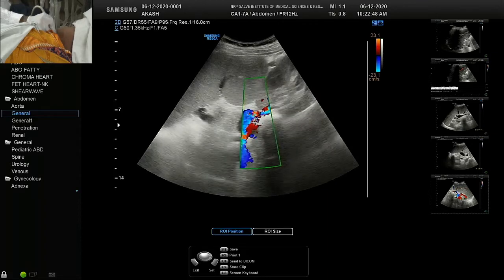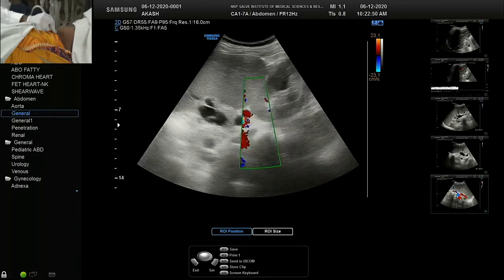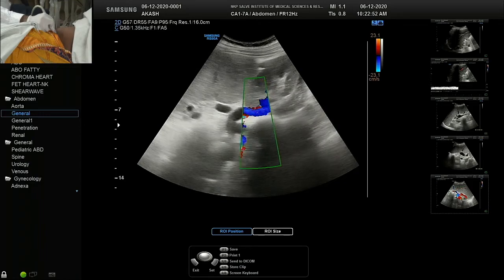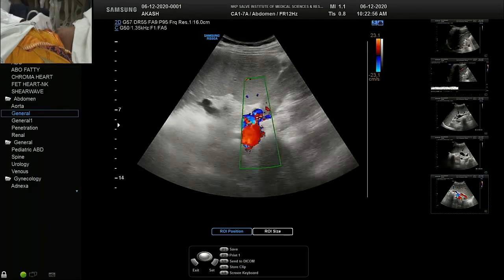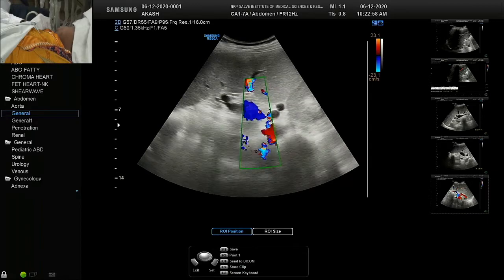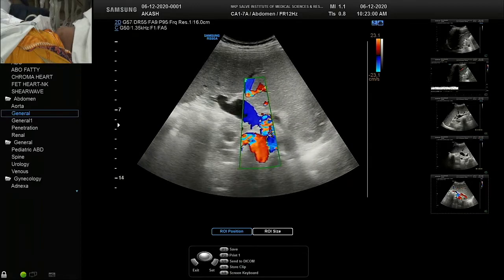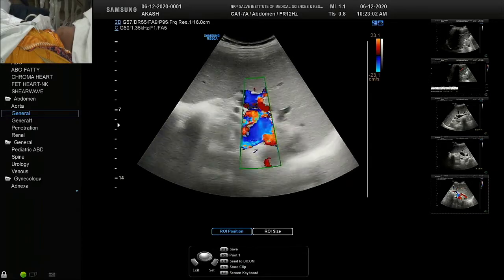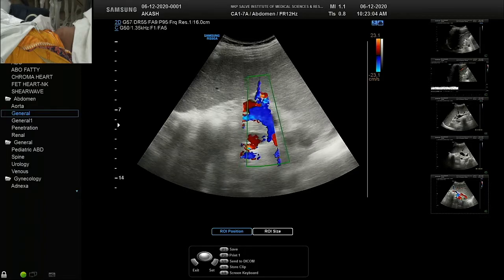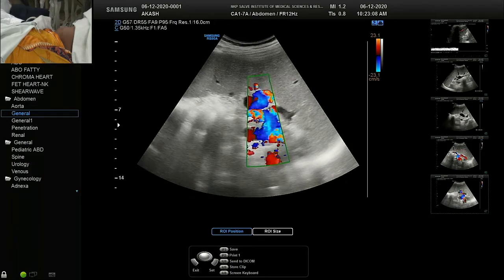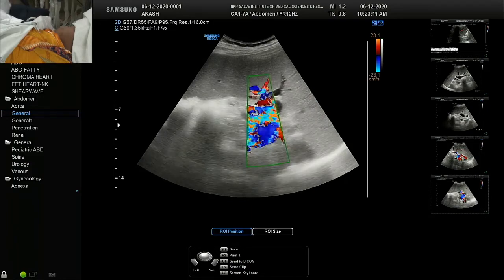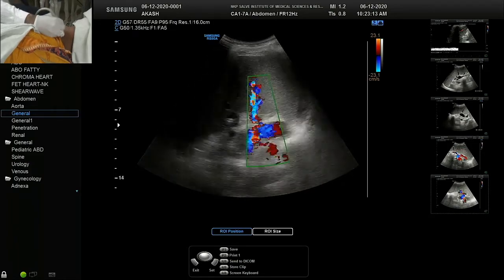That is kidney, that is the left renal vein. You see that this is the collateral coming from spleen into the left renal vein. Probably we'll check it again.